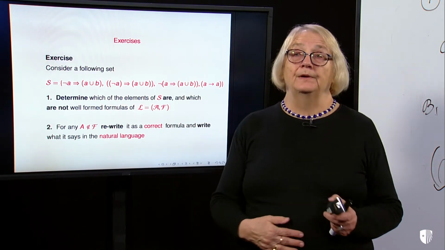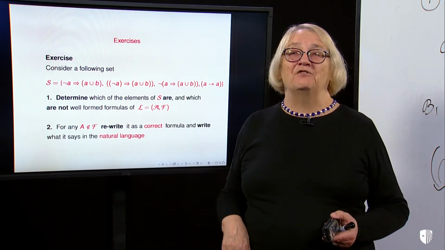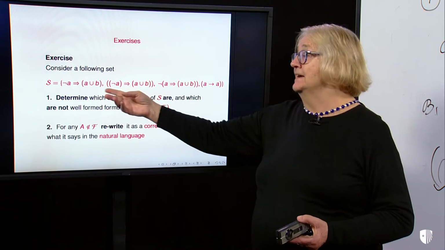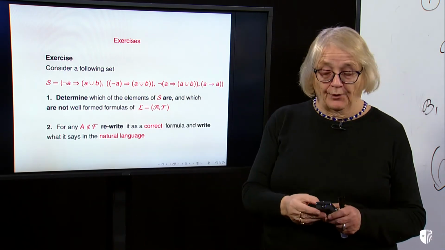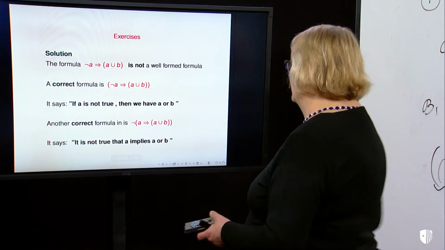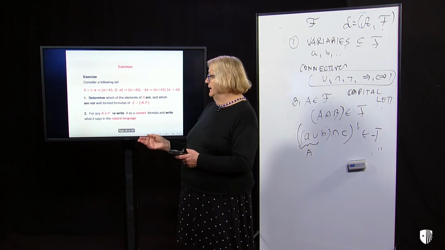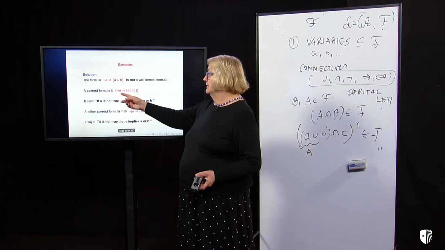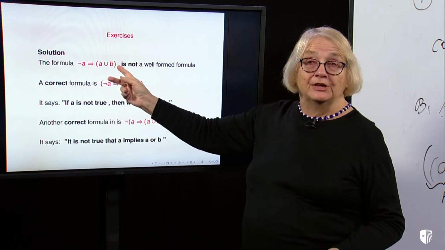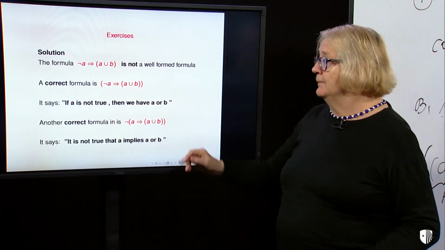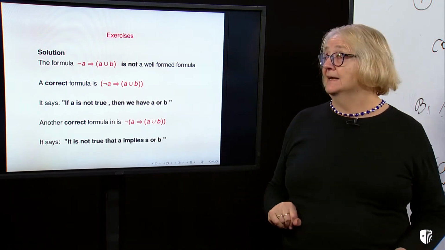So, for example, here is a nice exercise: if you see a sequence like this, is this a well-formed formula or not? You can also read it. Look, you have something like that. Of course, it's not a well-formed formula, because this outside parenthesis is missing.